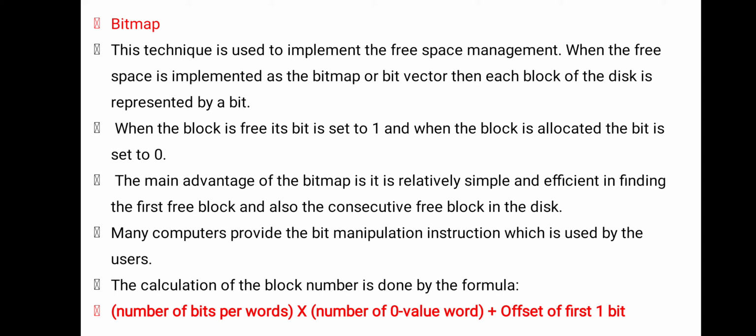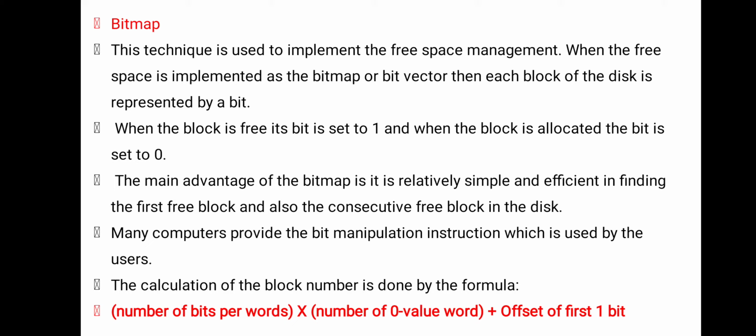When the free space is implemented as the bitmap or bit vector, then each block of the disk is represented by a bit, either 0 or 1. So you have to represent the free space blocks of the disk as bits.